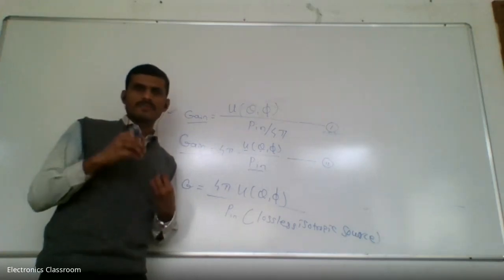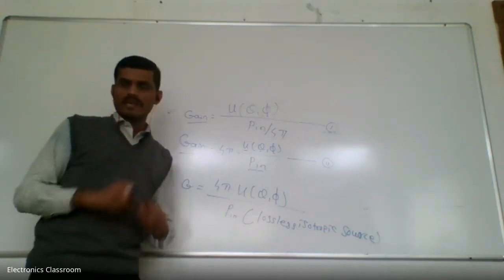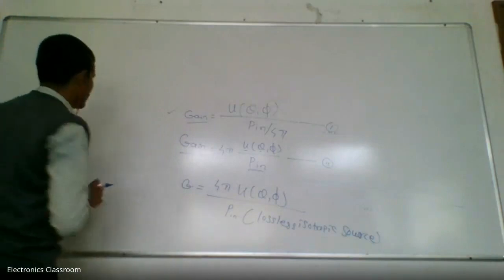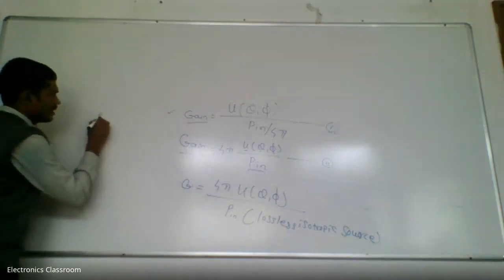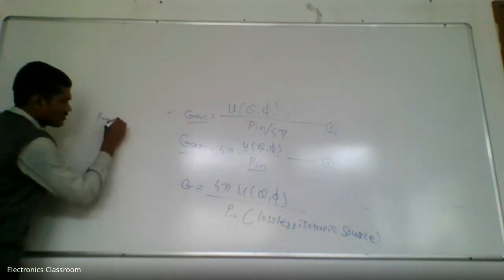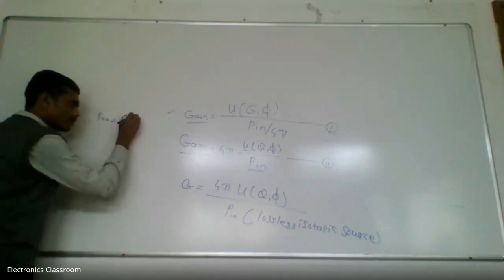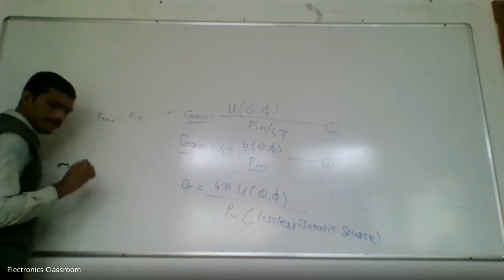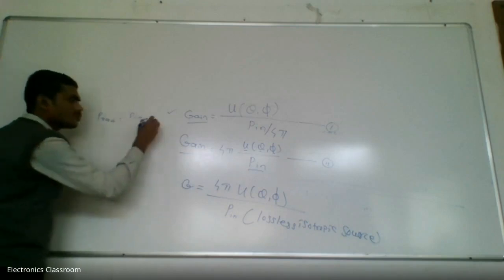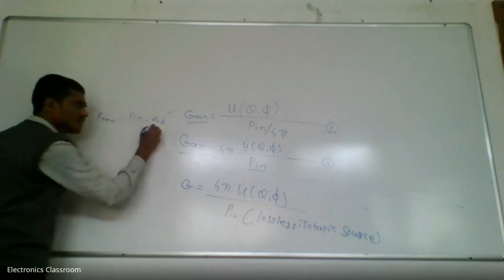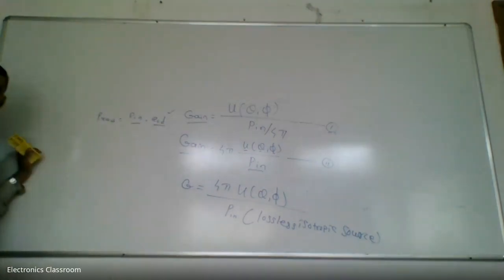After that we can define the equation for P_rad, that is P_rad = P_in × e_cd.